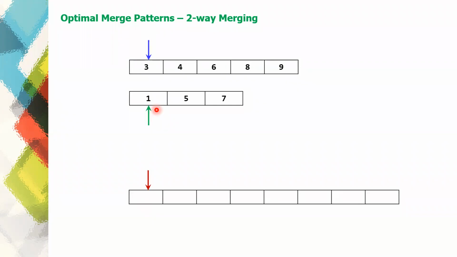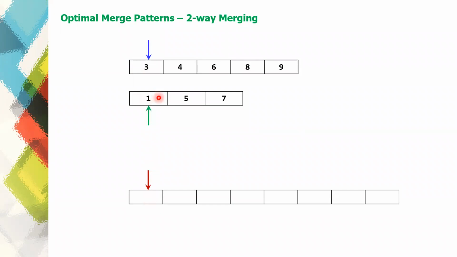Now, the process will go like this. You are going to compare this element from A and this element from B, and whichever element is lesser, I am going to copy it into the final list.